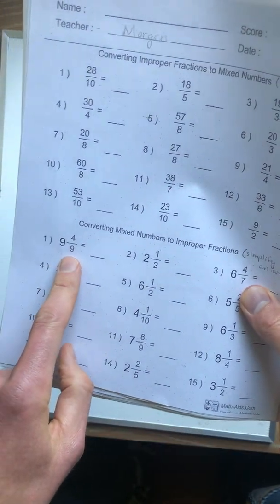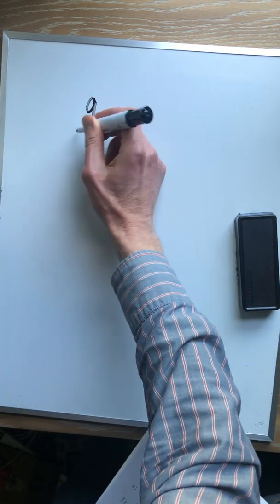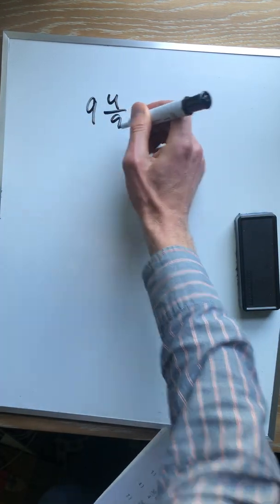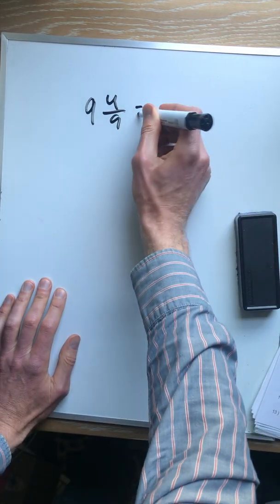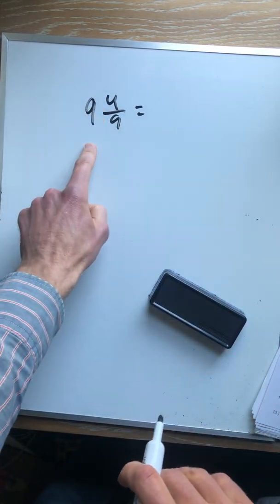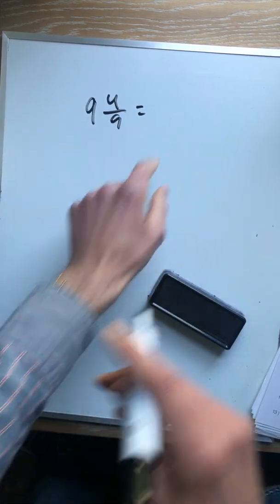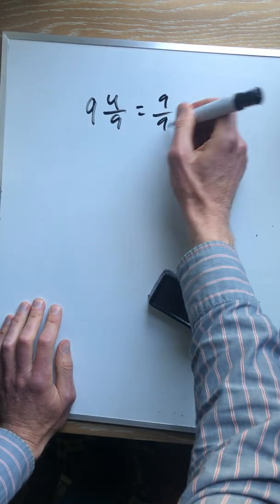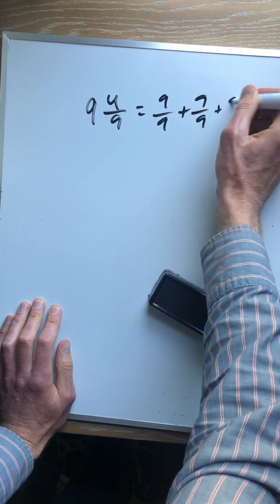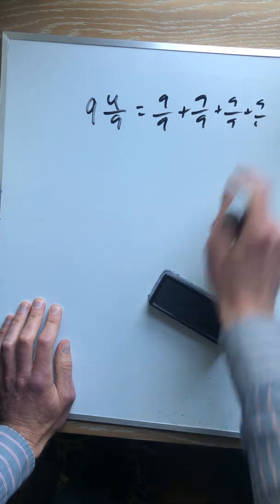9 and 4/9. It would take a while to say 9/9 plus 9/9 plus 9/9, and do 9/9 nine times. I could do it, but it would take a while.